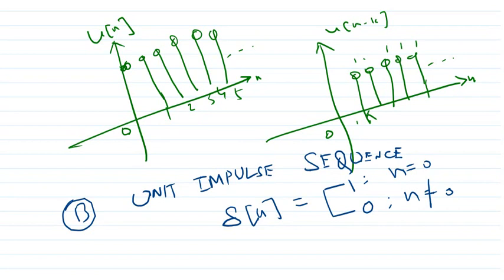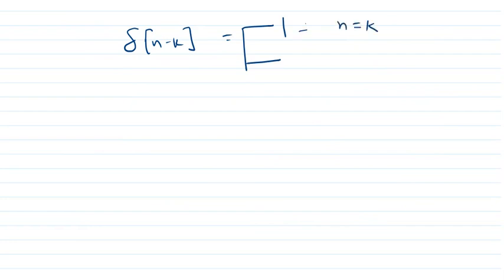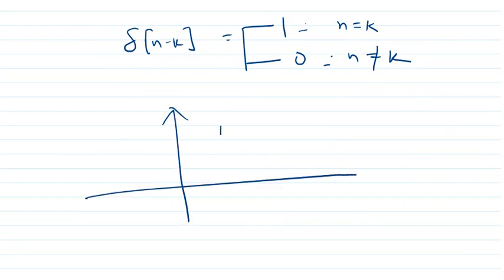So another signal is the unit impulse signal. If we take a delayed version, then we have 1 for n equals k and 0 for n not equal to k. It can be represented like this.